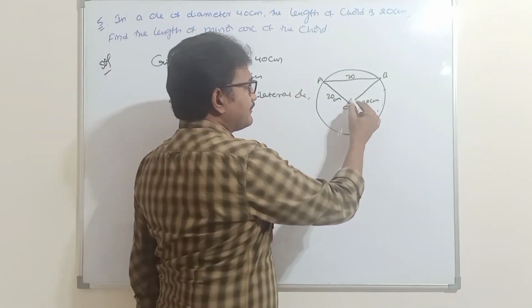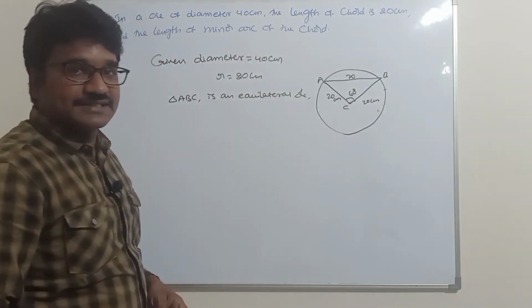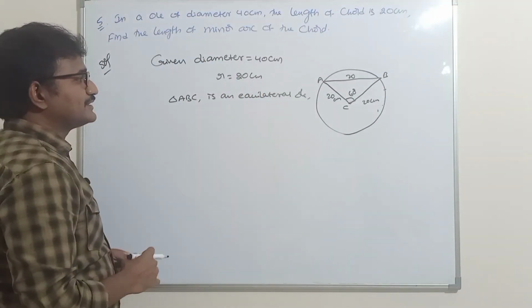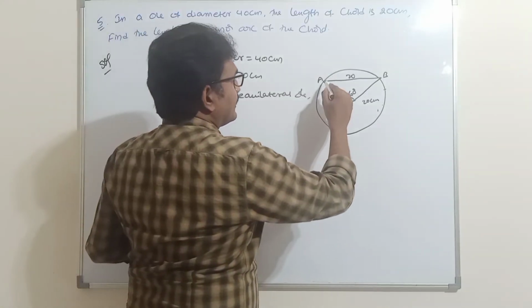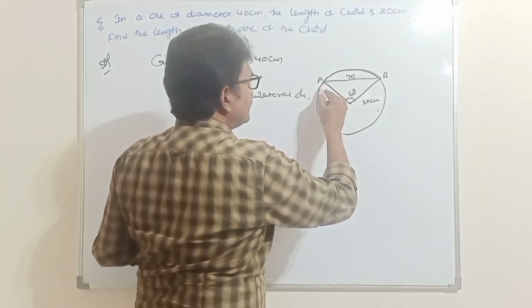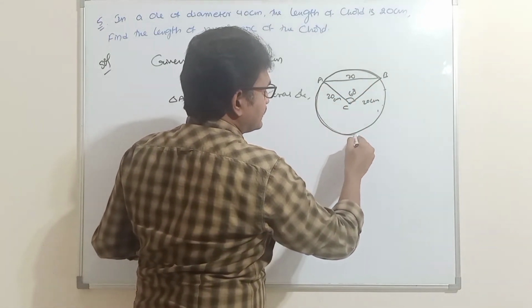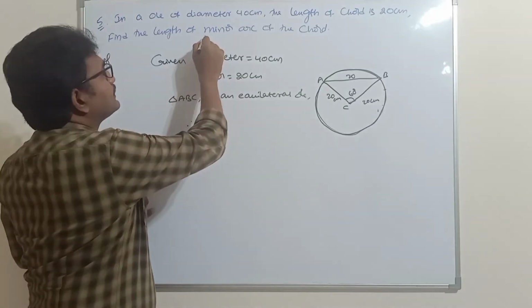That means at every corner the triangle makes how much angle? 60 degrees. Therefore, angle C is equal to 60. So we need to find the length of the minor arc. Here, this is one arc and this is another arc. There are two arcs on this circle. So we need to find the length of the minor arc.